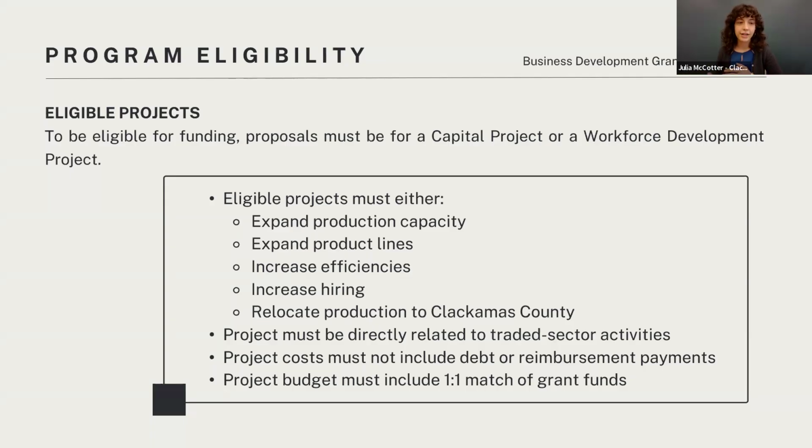So projects have to be related to your traded sector activities, and the same project in two different contexts could qualify or not qualify. An example of that: a small ceramics studio, say, that wants to use grant funding to help purchase an additional kiln in order to increase their production of ceramics, right?